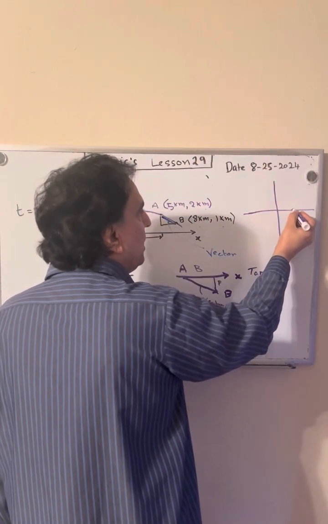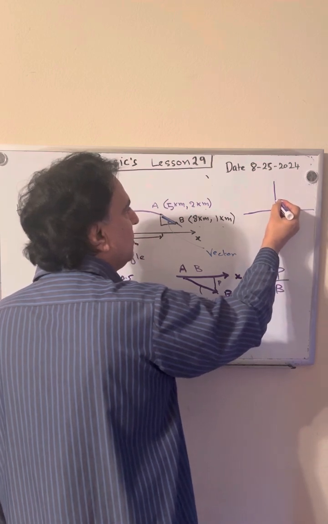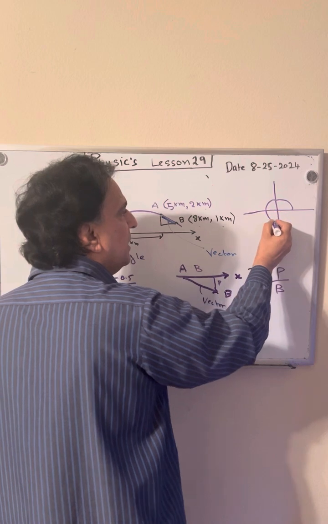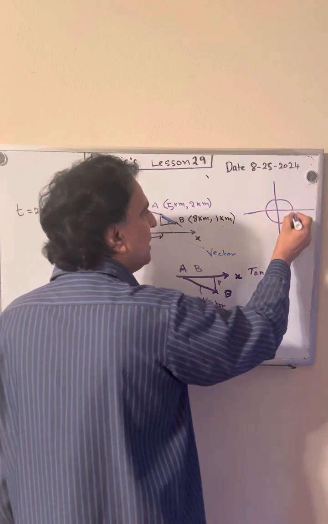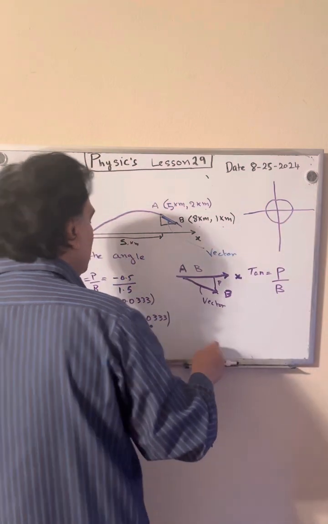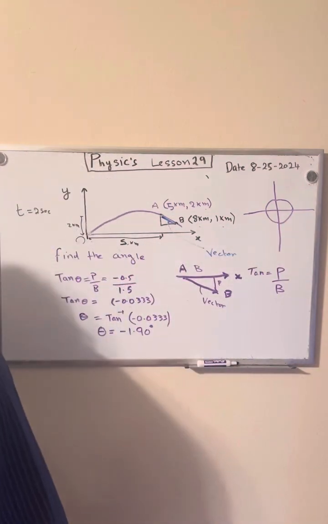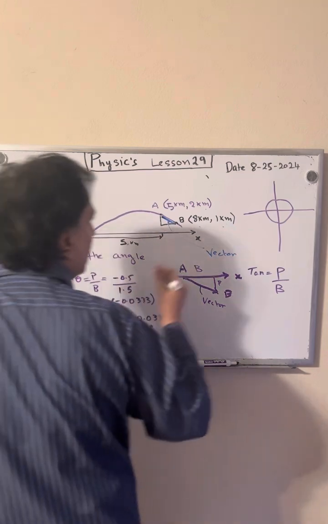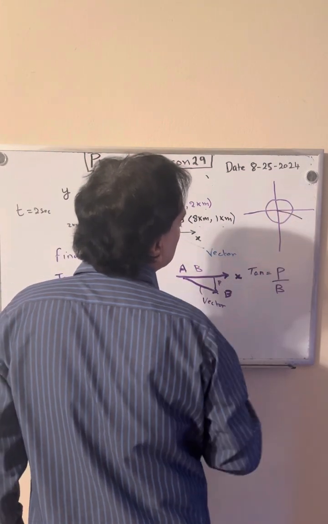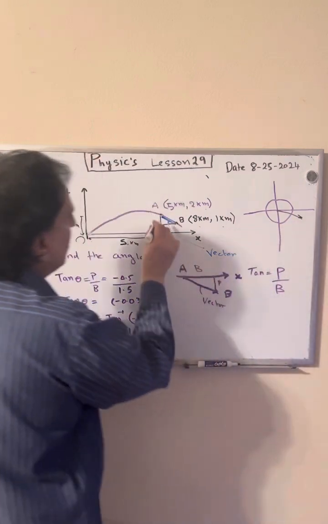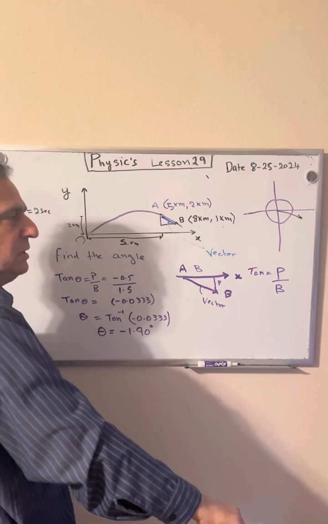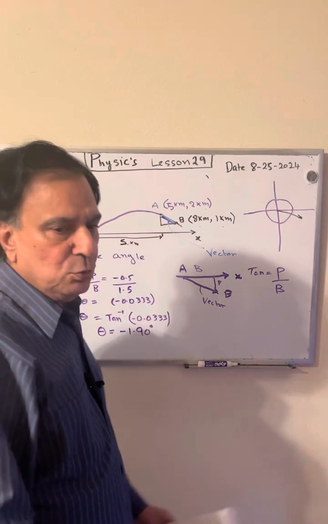So I go from here to here, 90 degrees, here to here, 180, here to here, 270, and then come back, 360 degrees. So in this case, this angle, negative 1.90, is like this, below the x-axis. And that makes sense because the vector is going in this direction. So hope this makes sense to you.